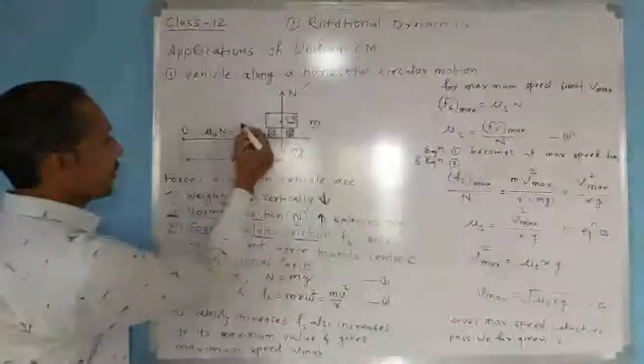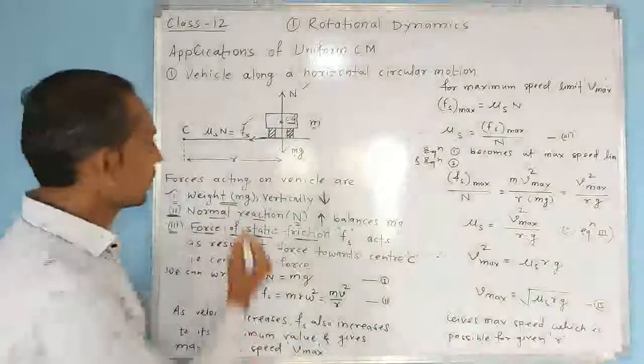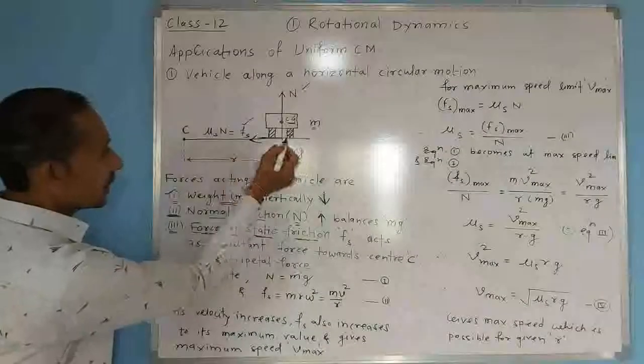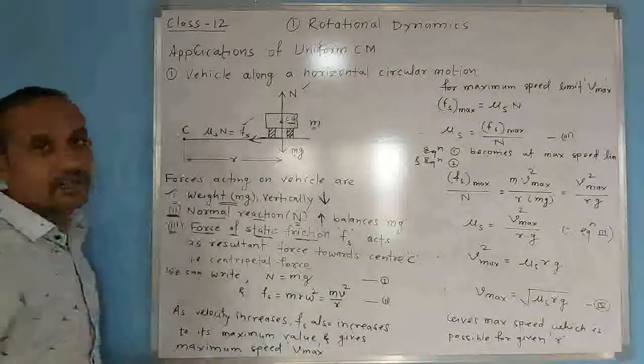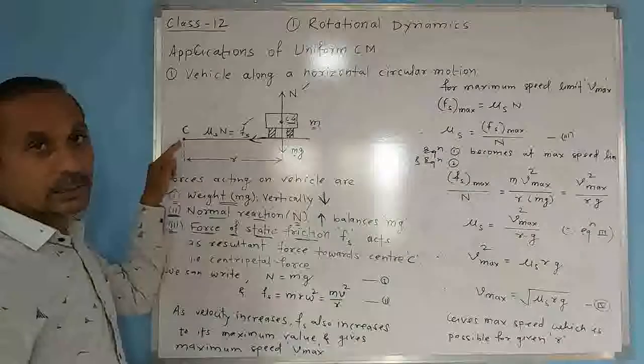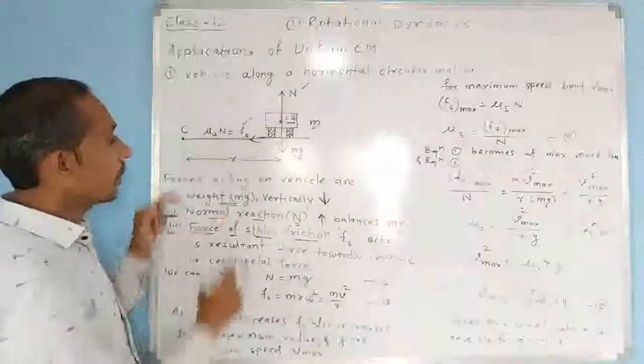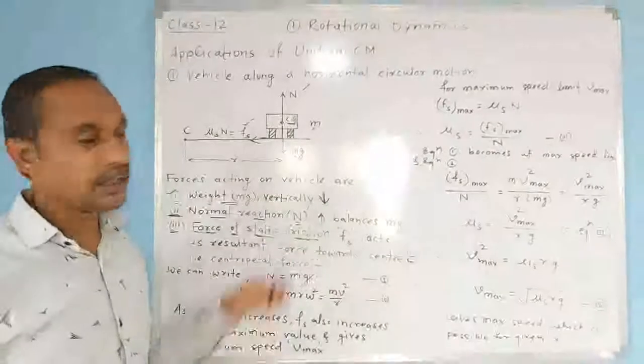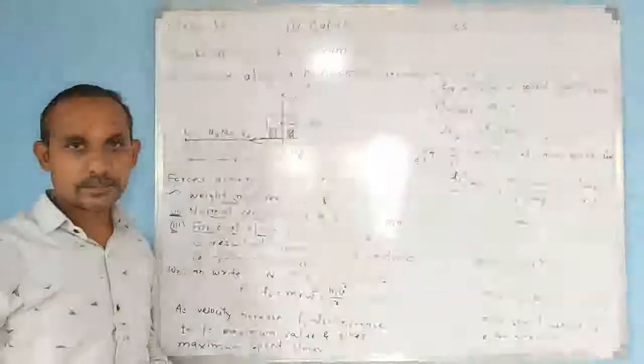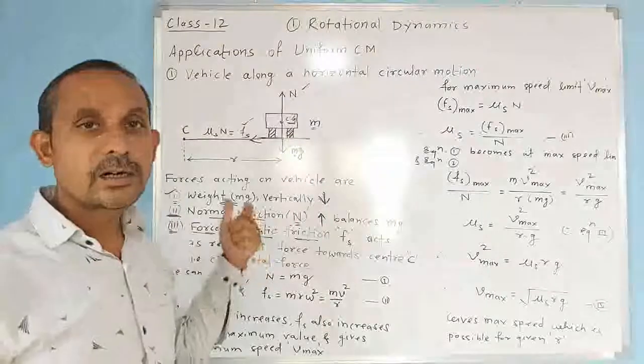and this force of static friction is always directed towards the center of the circular track.